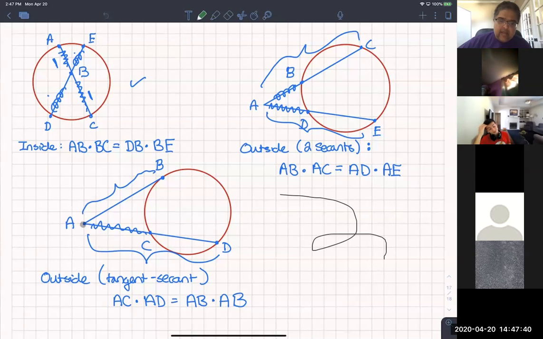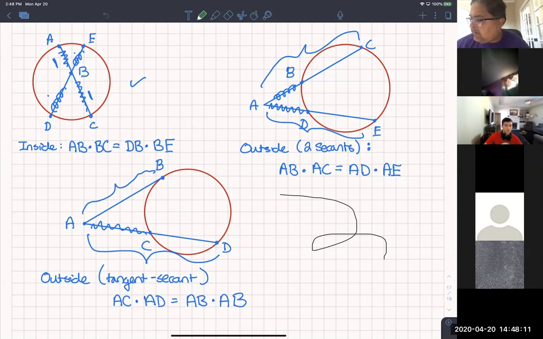And the relationship is the tangent squared equals the part to the circle times the entire segment. So the first thing you need to know is the relationship of these 3 special segments, right? And you need to know what you're looking at. Are you looking at intersecting on the inside, intersecting on the outside, and what is being intersected?